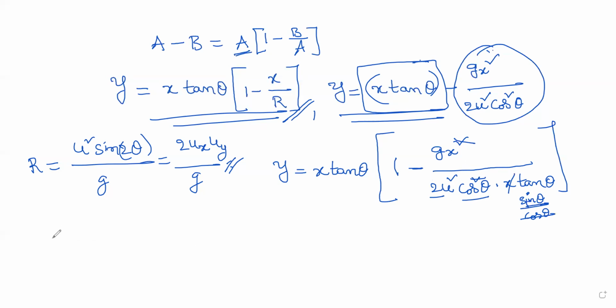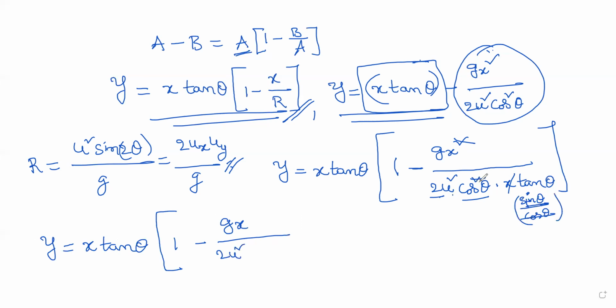So here I can write very well y is equal to x tan theta and 1 minus, so I'm left with g x on the top divided by, now you watch in the denominator, 2 u square. I have written tan theta as sin theta by cos theta, and 1 cos theta I cancel here.